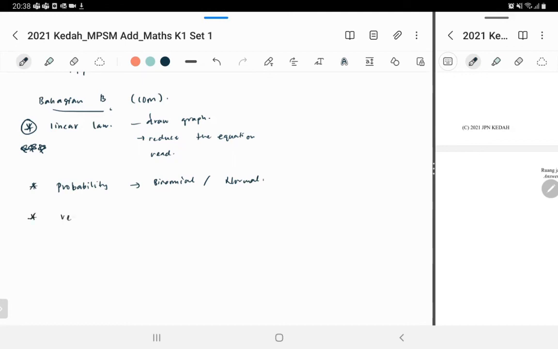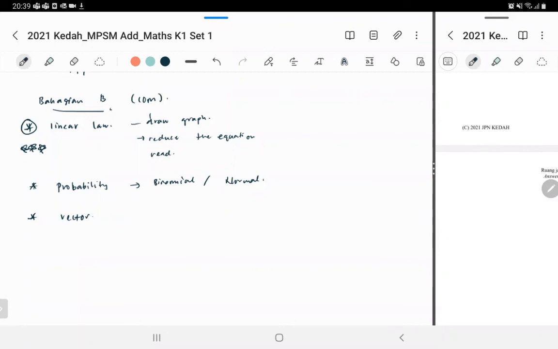The third one is vector. For vector, you will have a situation, and then you will need to write down the vector.